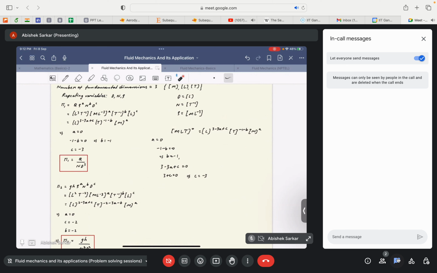Then finally we deal with the Buckingham pi theorem. This is a much more generalized approach, where without even having an idea of the governing or driving forces of the flow, we can at least deduce the non-dimensional parameters that govern the flow field.